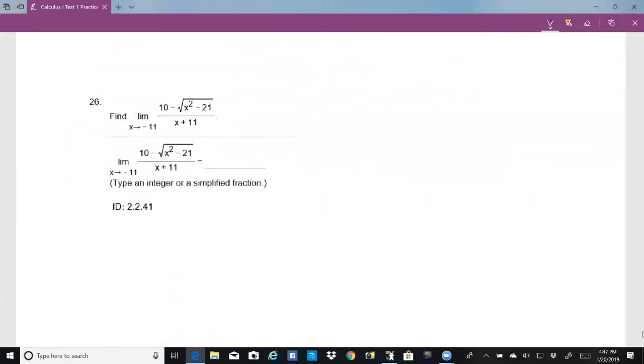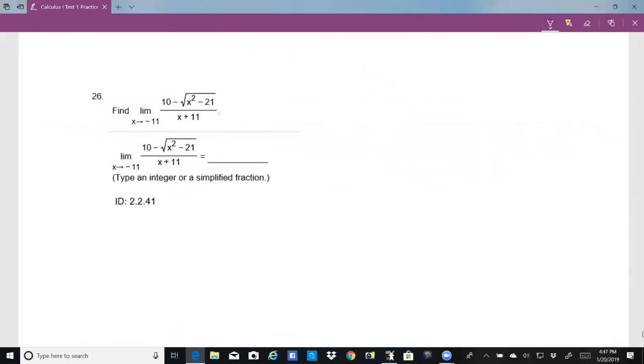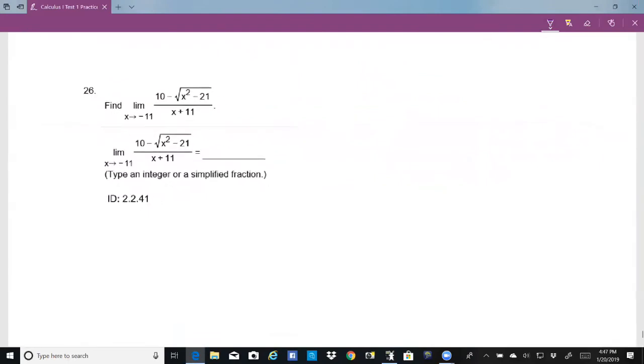Last problem is another radical problem. And we're going to have to use a radical conjugate.